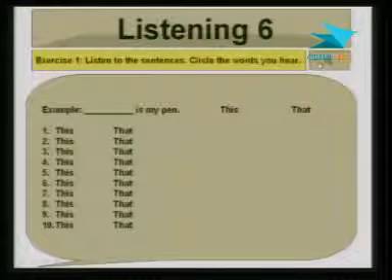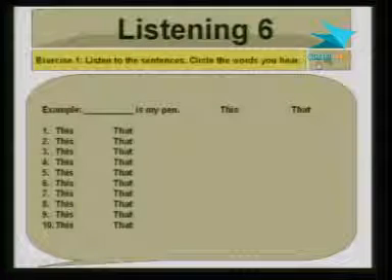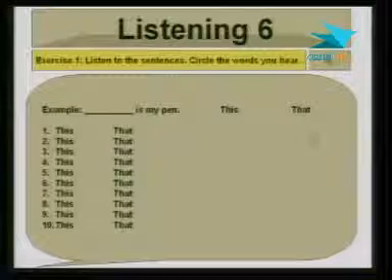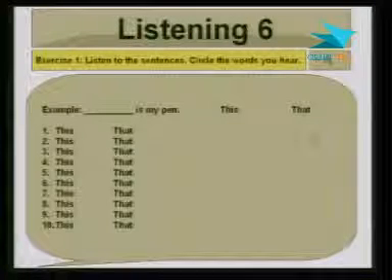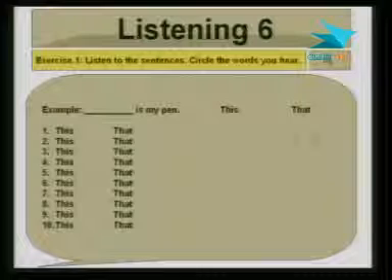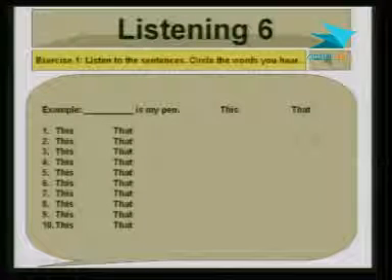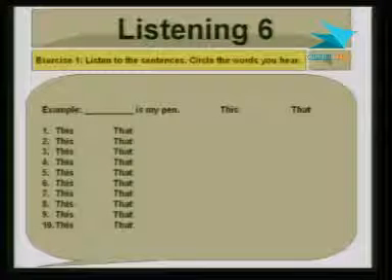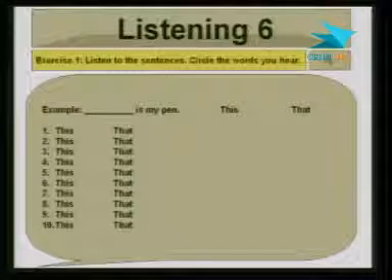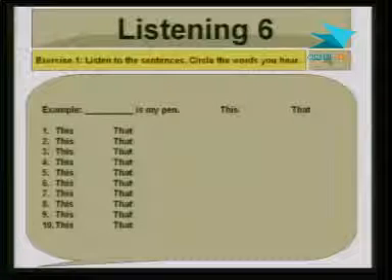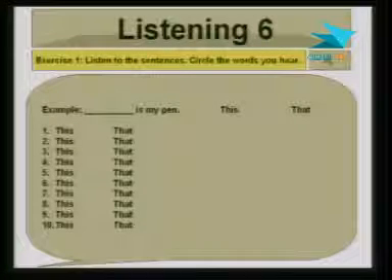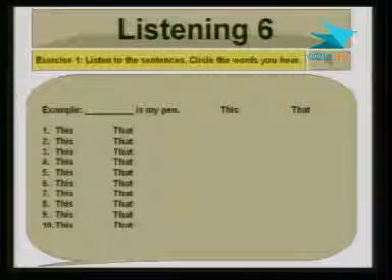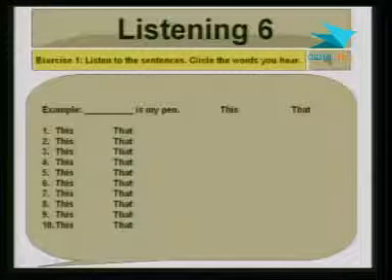Exercise 22, page 39. Listen to the sentences. Circle the words you hear. Example. This is my pen. This. 1. This is my grammar book. 2. That is your grammar book. 3. That's your wallet. 4.